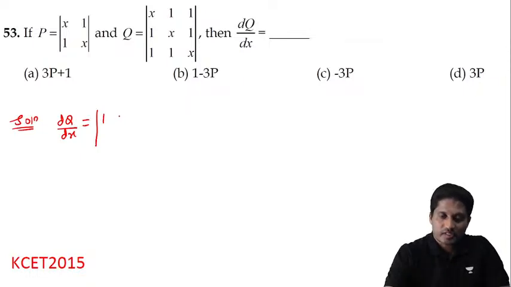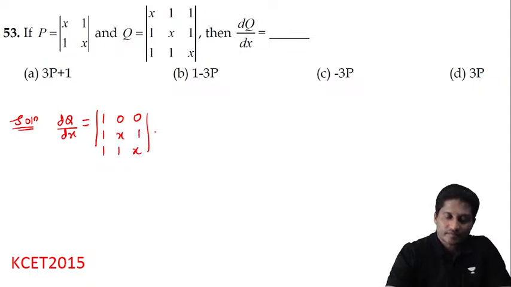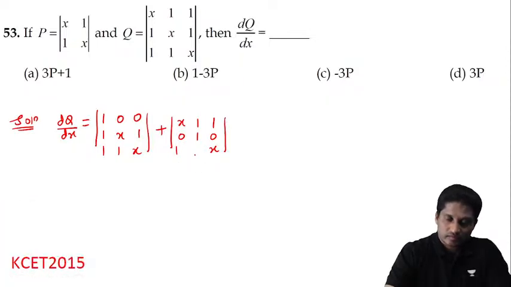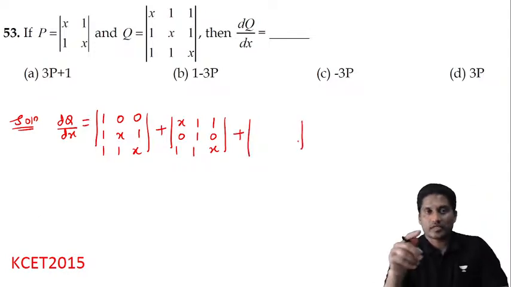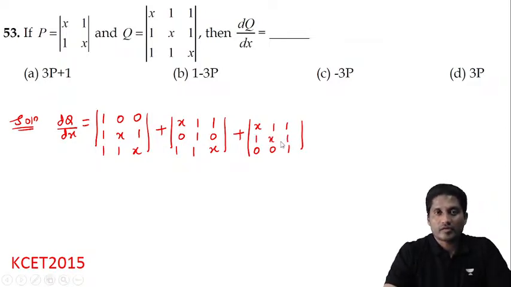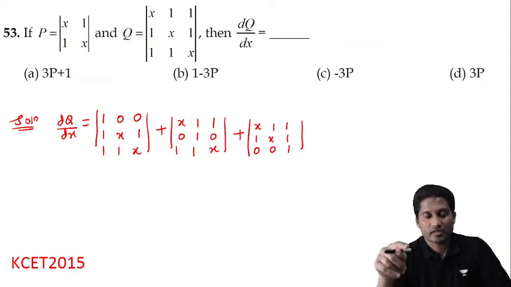Differentiation of x is 1, so this is 1, 0, 0 and the other rows I'll keep as they are. Then differentiate the second row, keeping the first row and third row as it is.